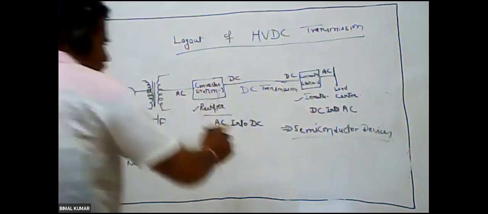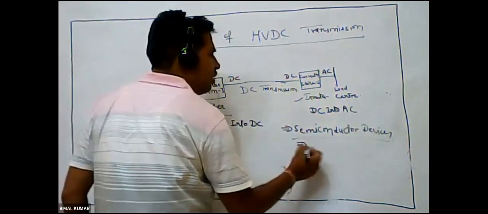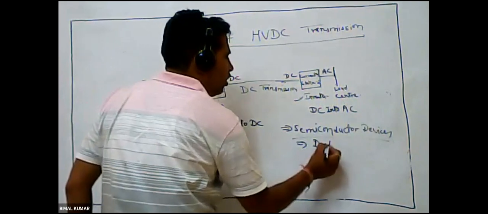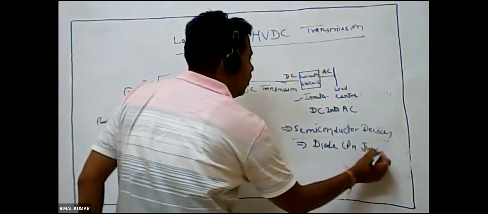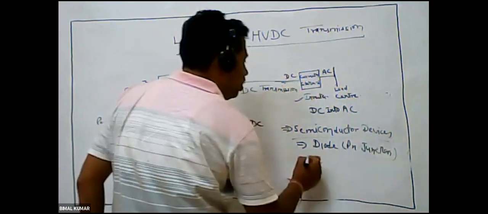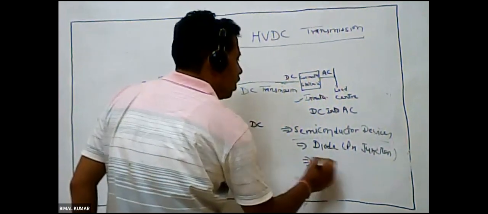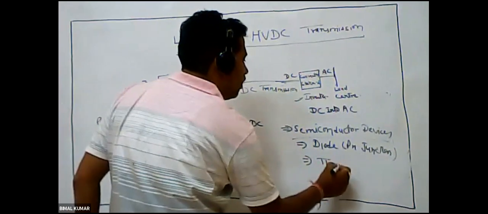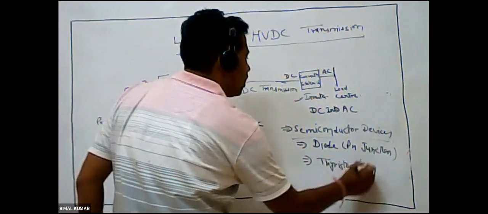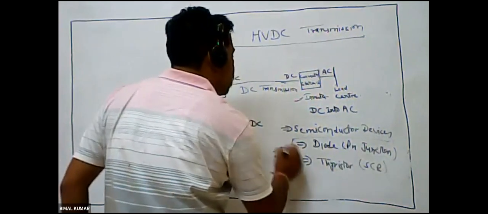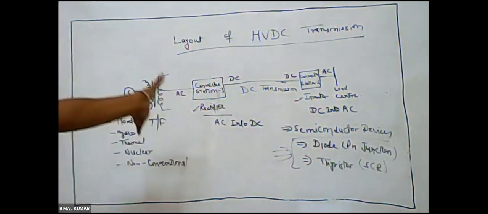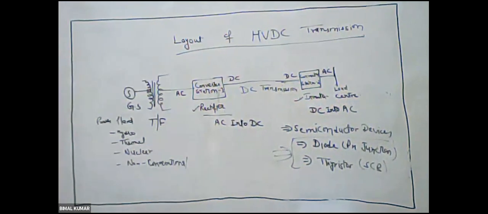And generally we are using either a diode, meaning a PN junction, or a thyristor, that is an SCR. These two devices are generally used in converter station 1 and converter station 2.